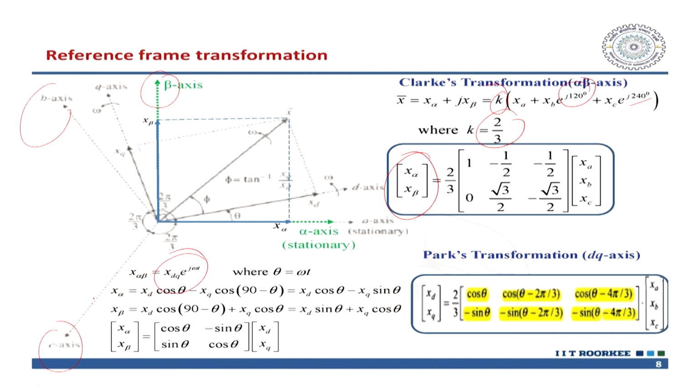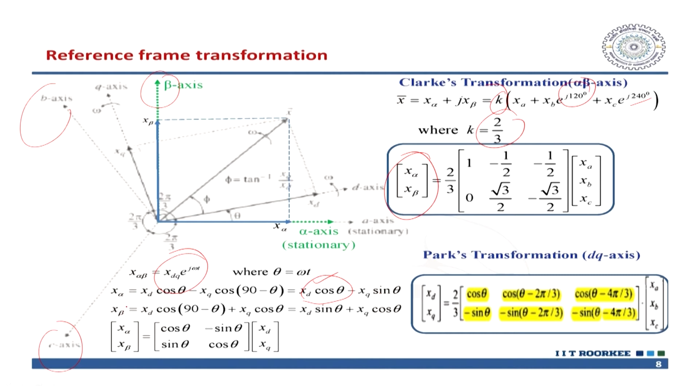Thereafter, since x alpha beta can be multiplied by the synchronous frame of reference, it becomes the dq frame of reference, that is x dq e to the power j omega t, where theta equals omega t. Thus x alpha equals x d cos theta minus x q cos(theta minus 90), that is nothing but sin theta. So, x alpha equals x d cos theta minus x q sin theta.